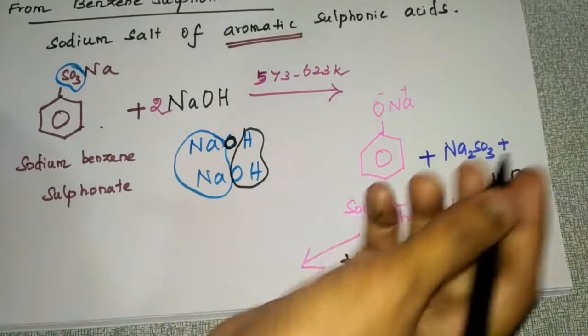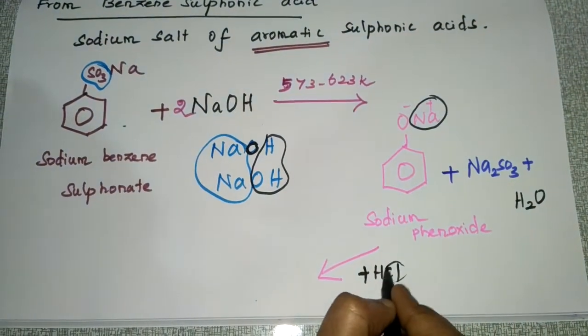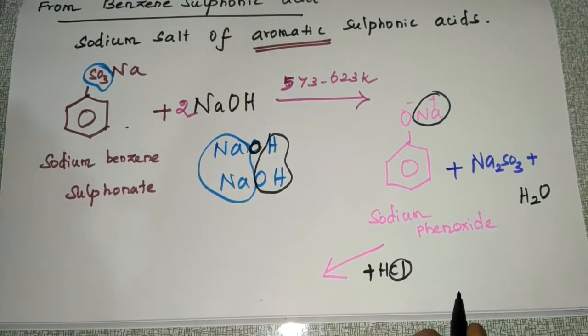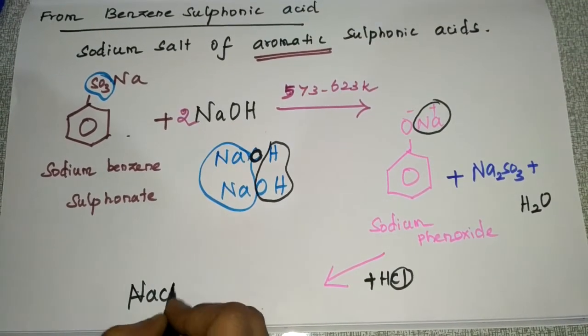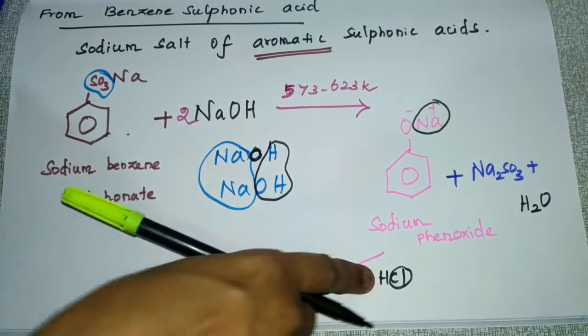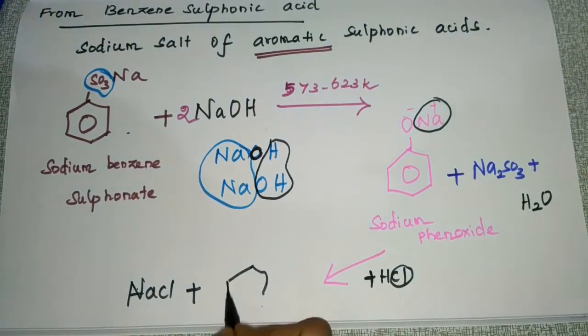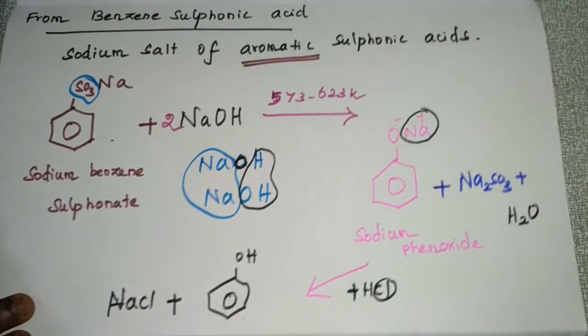So in this what happens, this Na plus and Cl minus will combine and it will get removed as NaCl, and the remaining will be O minus and H plus. Then you will get phenol. Okay, so phenol is formed.